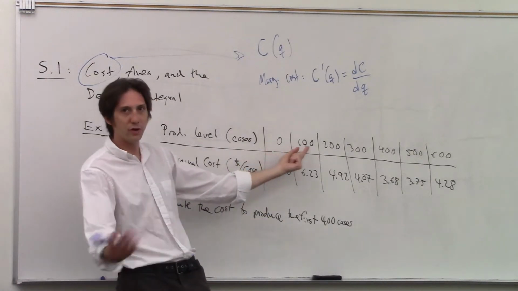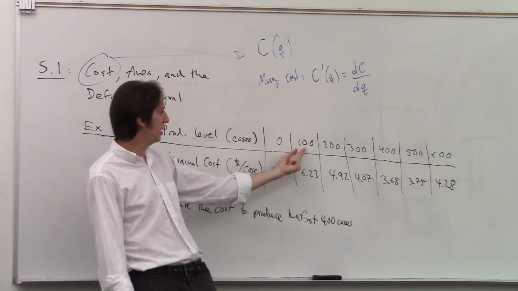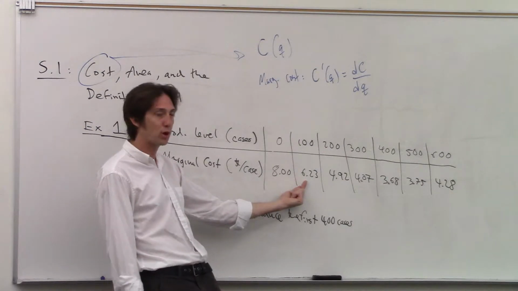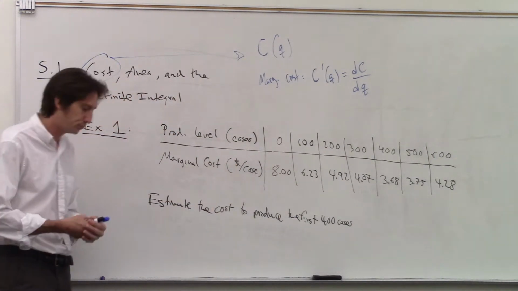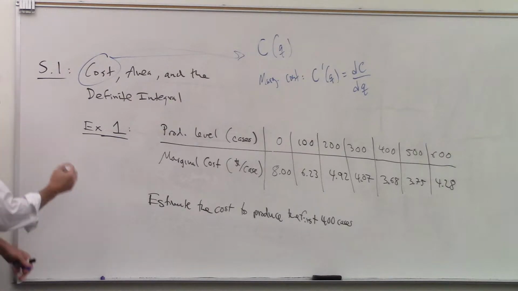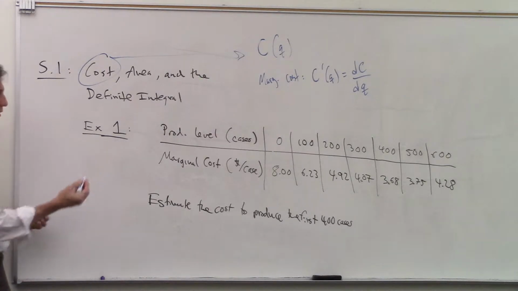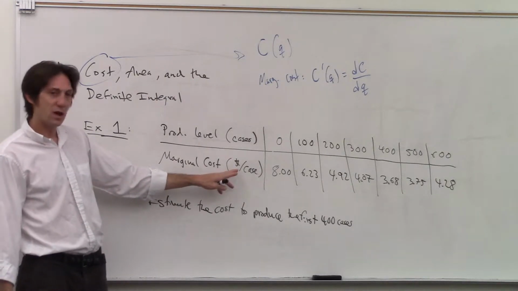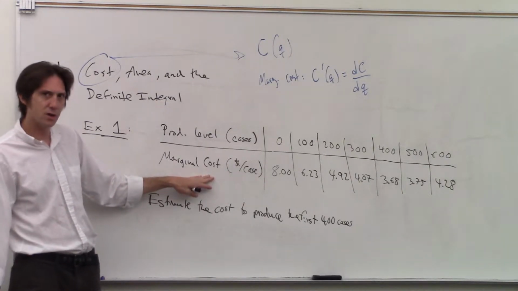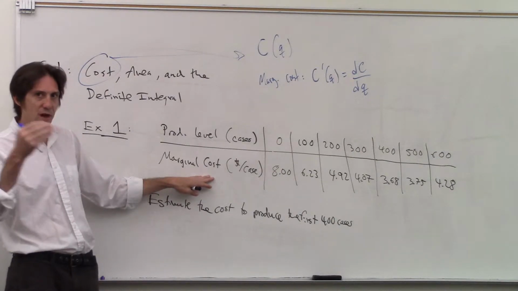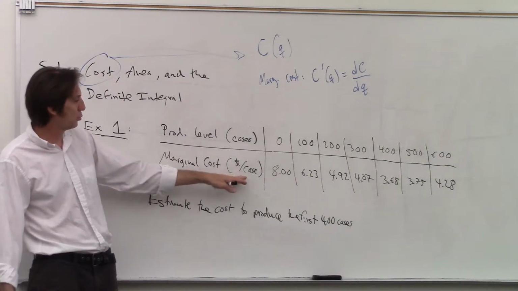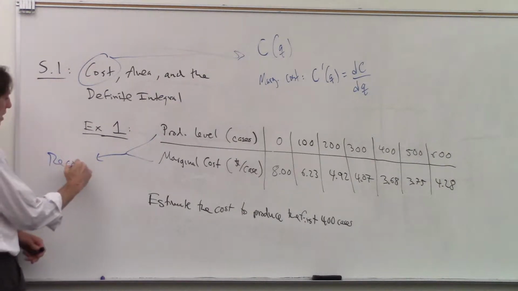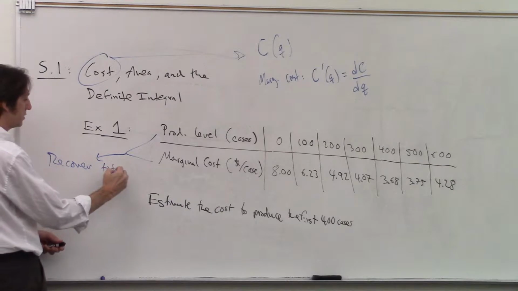If I produce 100 cases of whatever this good is, the marginal cost is less, it's $6.23 per case, etc. So we're given production level, number of cases, and these marginal cost values, and remember the units for marginal cost are cost units divided by quantity, so dollars per case. If I have this information, I can recover cost, or total cost.